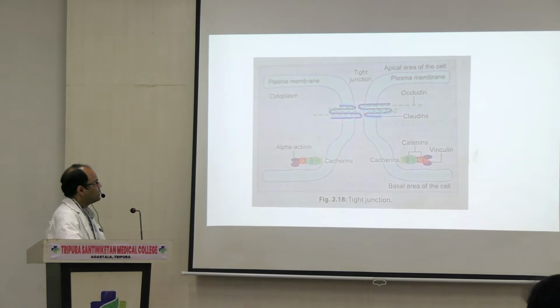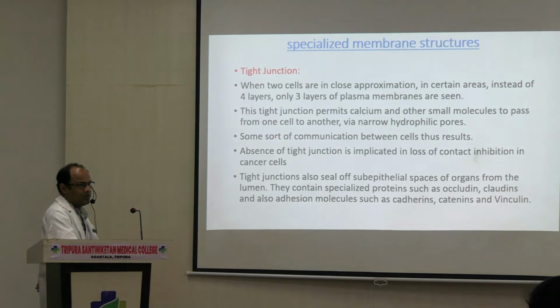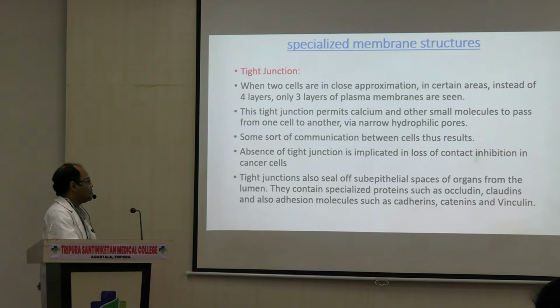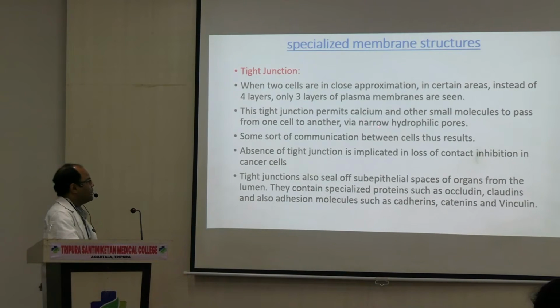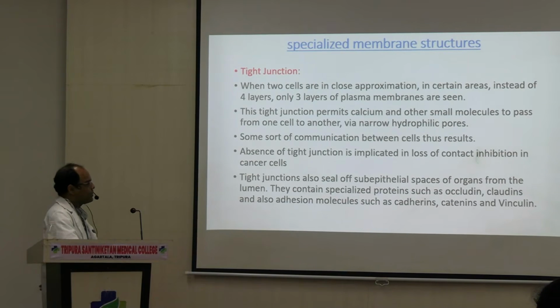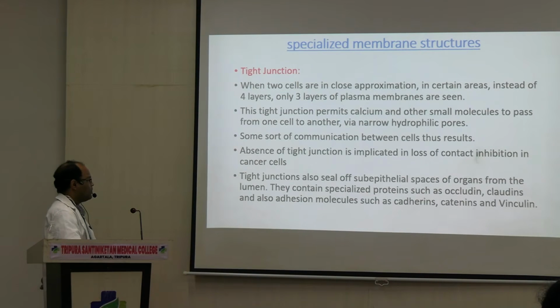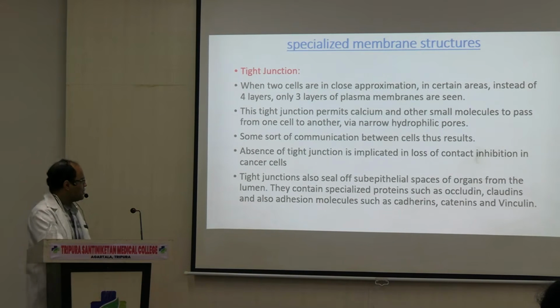These junctions are required for passing some ions like calcium ions and other small molecules from one cell to another via narrow hydrophilic pores. So these channels are used for some sort of communication between cell to cell. Absence of tight junctions is implicated in loss of contact inhibition in cancer cells.